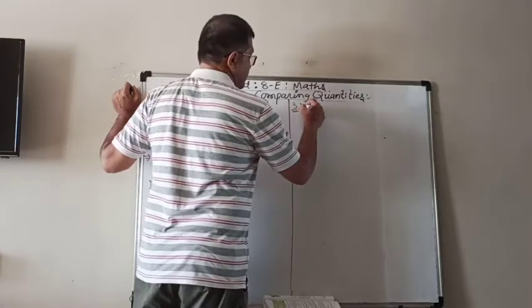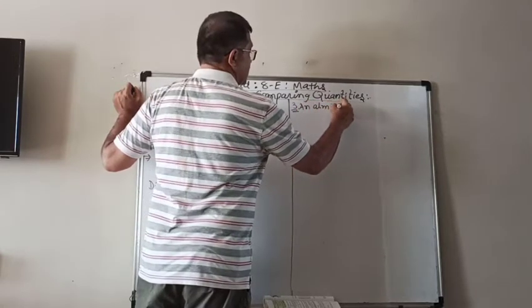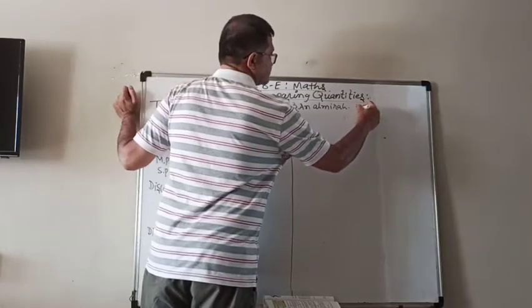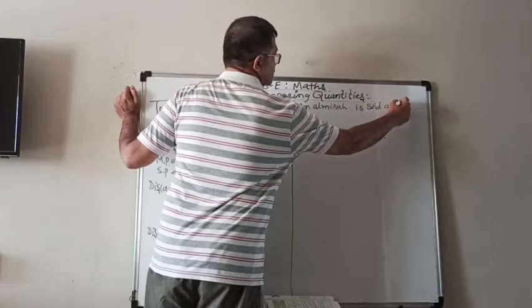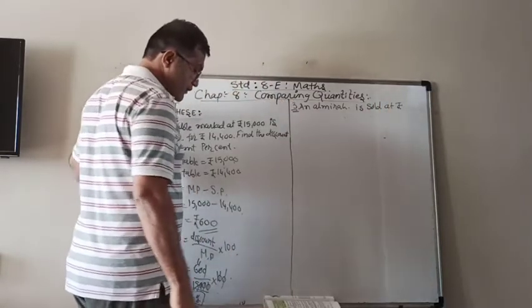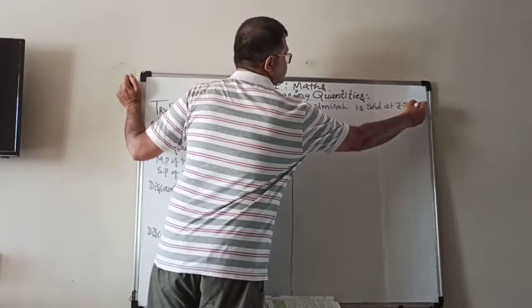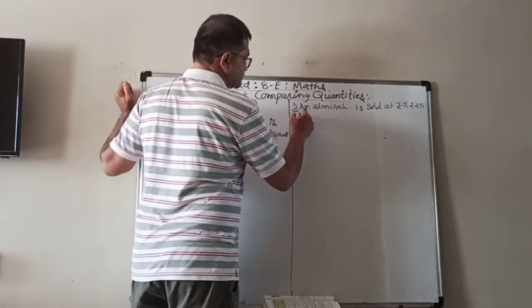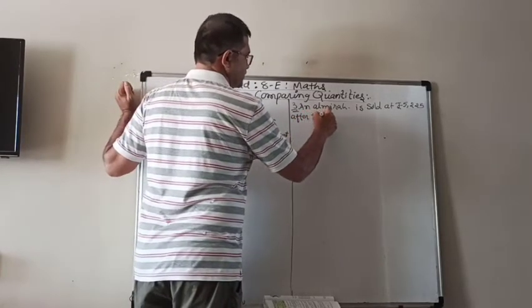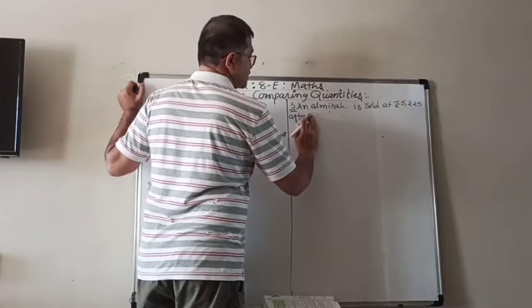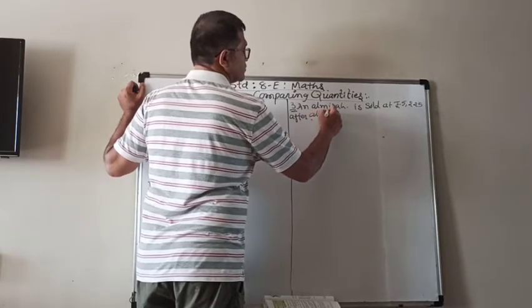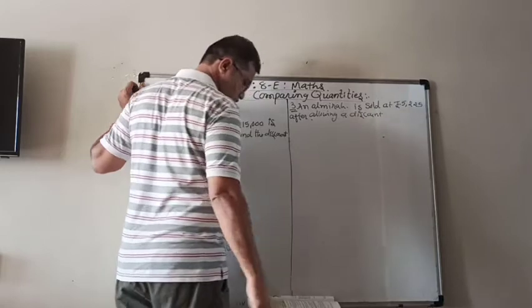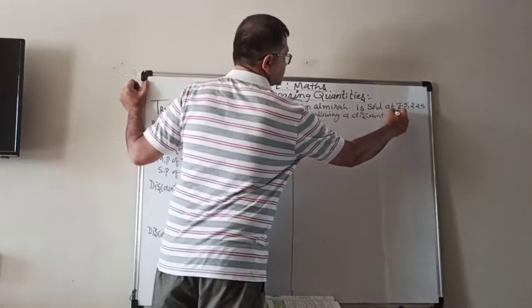Here it is given that an almirah, means cupboard, is sold at rupees 5,225 after allowing a discount of 5%.